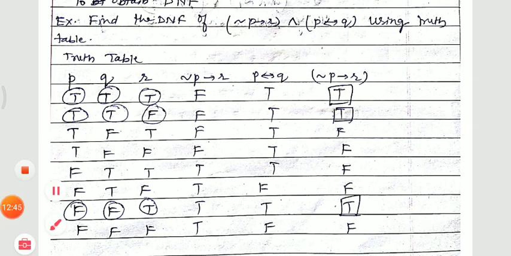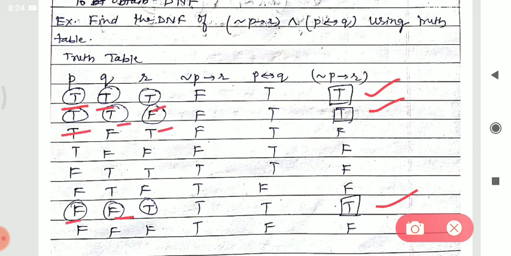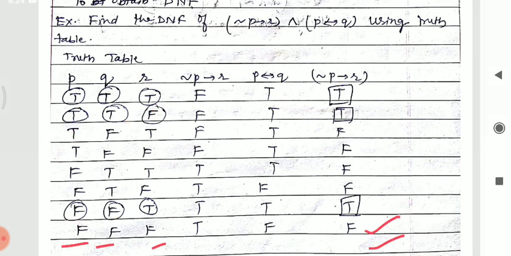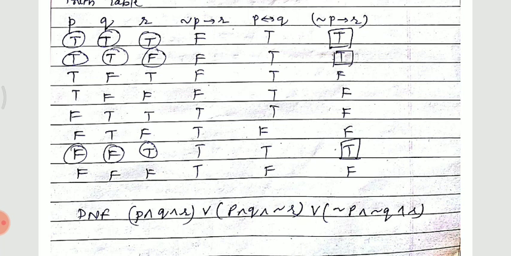Now how to find DNF? We have to take the last column of the truth table, and we have to find the T, that is the true values. These are 3 true values corresponding to these p, q, r, the propositional variables. You have to mark this, this, and this. Now look at this. First T means all are true, so it is p and q and r.